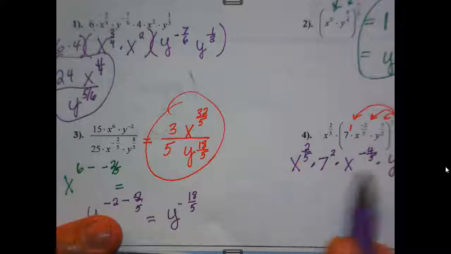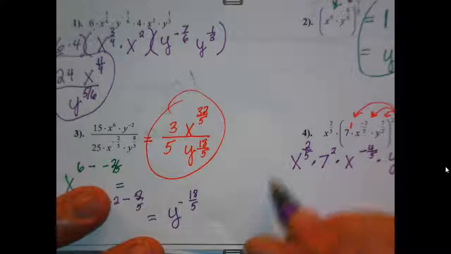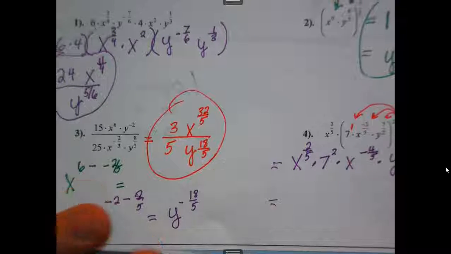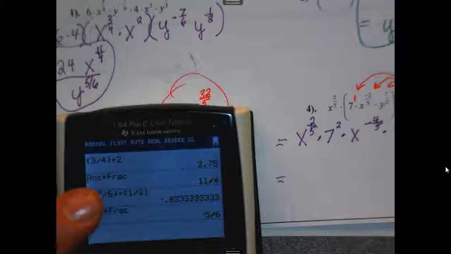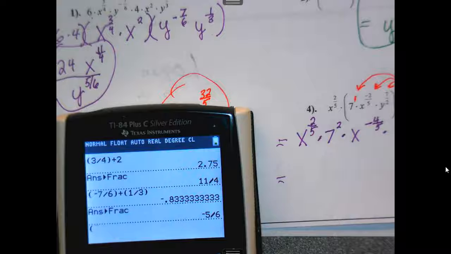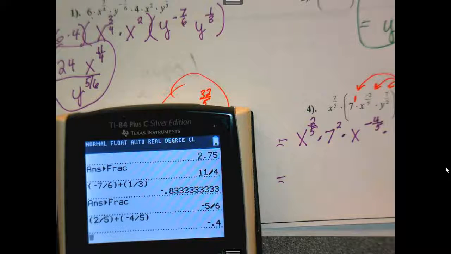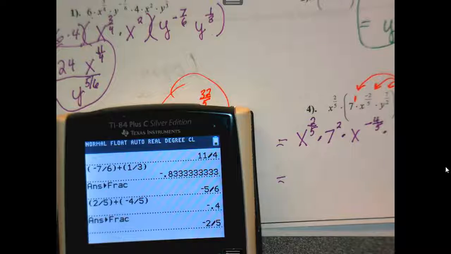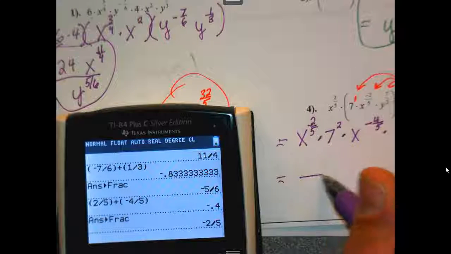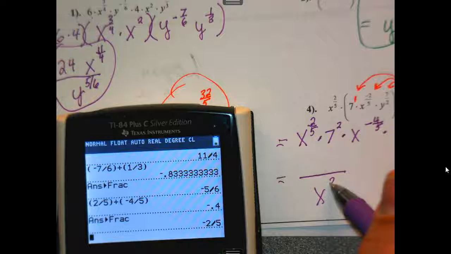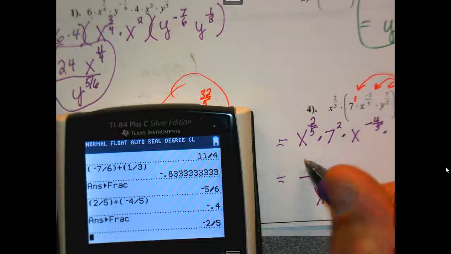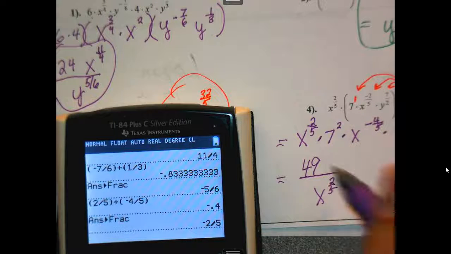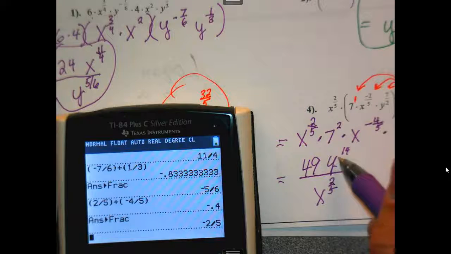Okay, I'm adding here, so I get x to the 2/5 plus a negative 4/5. Math, enter, enter. It's a negative 2/5, so it's going to go in the denominator as x to the 2/5. 7 squared and y to the 14/4.